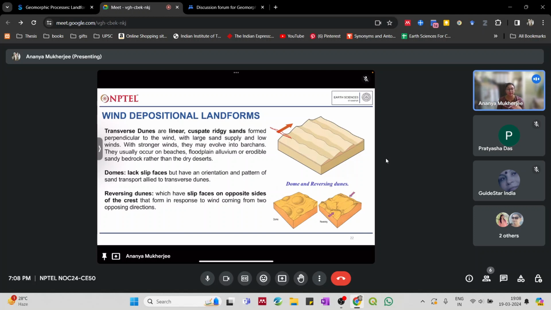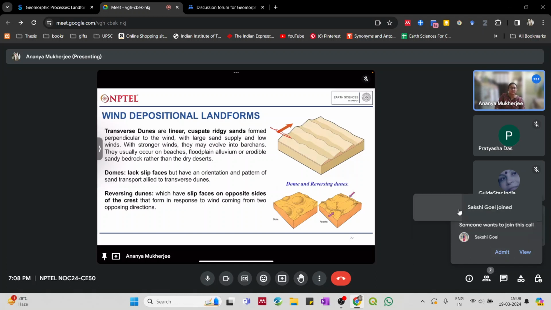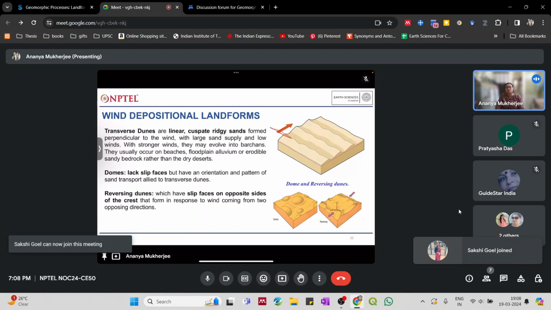So they can turn into Barchans, and mostly these occur on beaches, floodplains, and places where you have sandy bedrock. Okay, so transverse dunes are one type of sand dune.